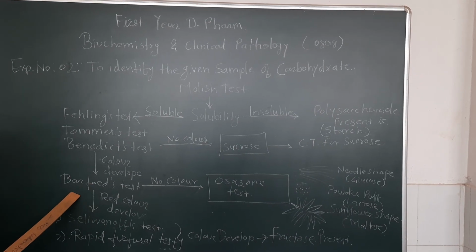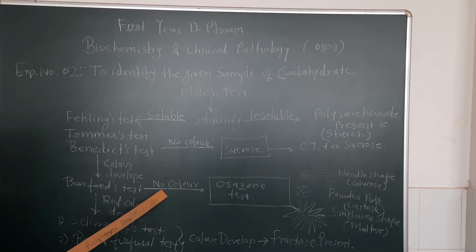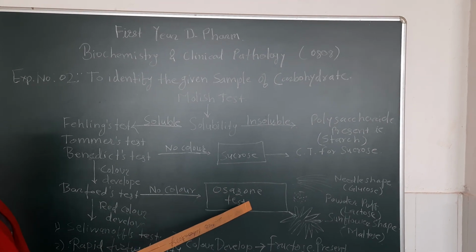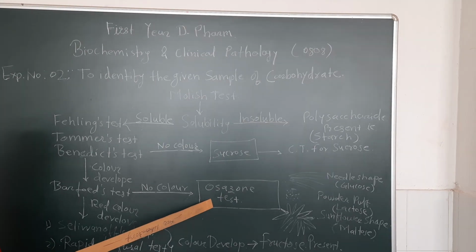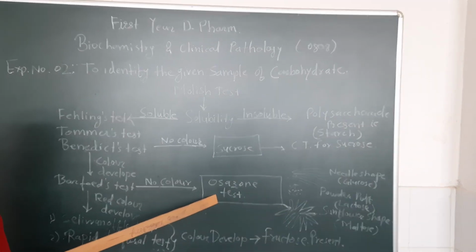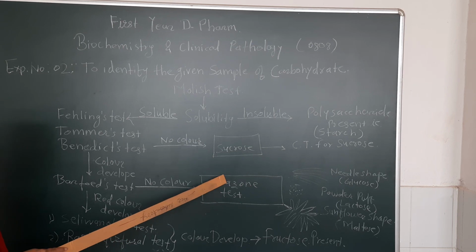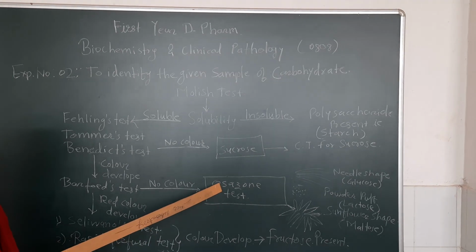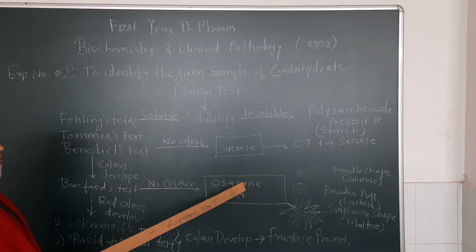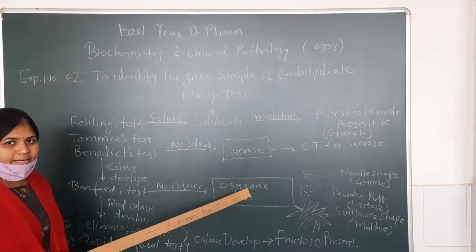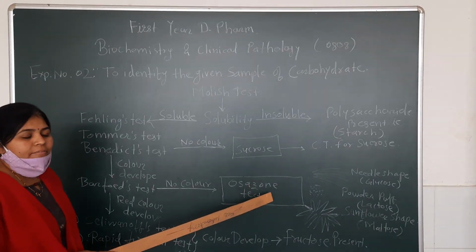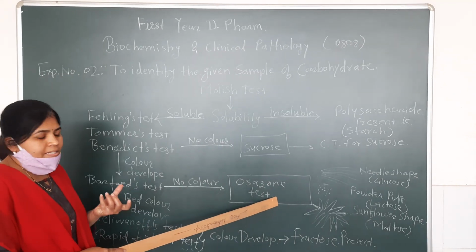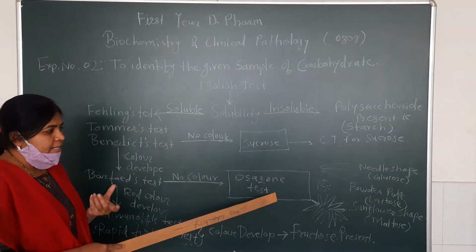In case of the Barfoed test, if there is no color developed, then we have to perform the Osazone test. The Osazone test is time consuming and requires a lot of time to perform. In this test, the sample reacts with phenylhydrazine hydrochloride and forms yellowish crystals.